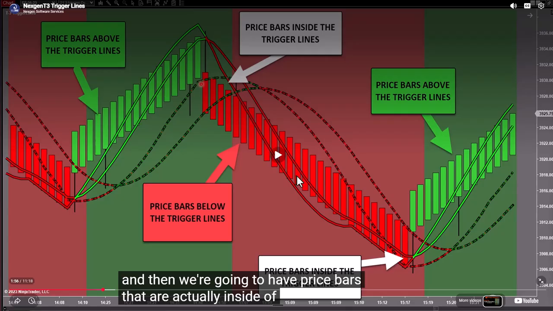And then as they get inside and then on the wrong side, obviously that momentum starts to fade out. The thought process was, instead of having static targets, to do a dynamic target based on where the bar structure is relative to the triggers.